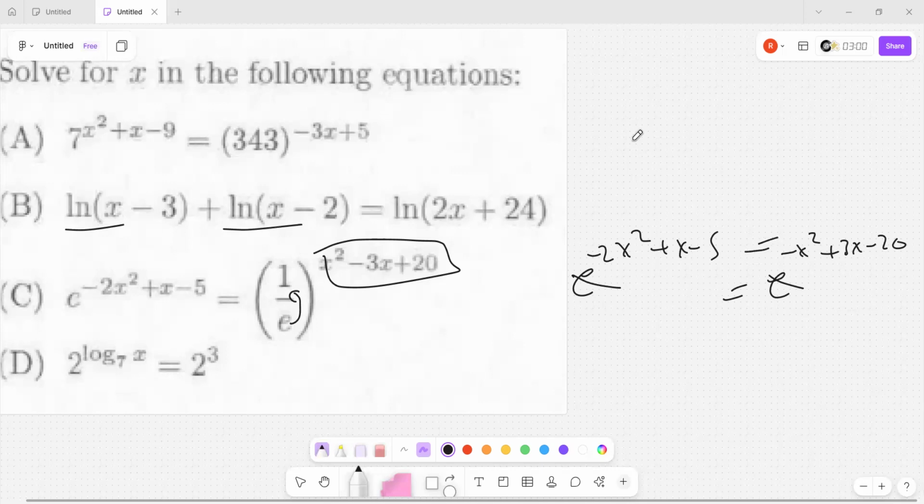And then you equalize the two expressions. Negative x squared plus 3x plus 2x plus 15 equals 0. Okay, you can continue after that, because there is something here I need to show you.